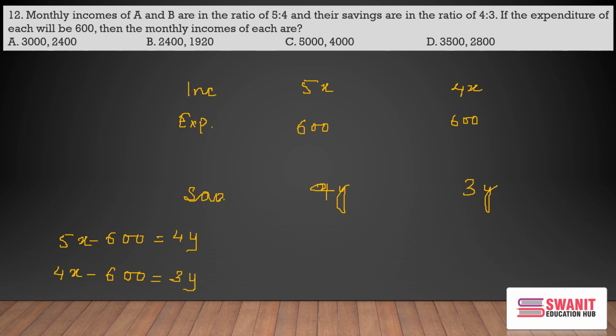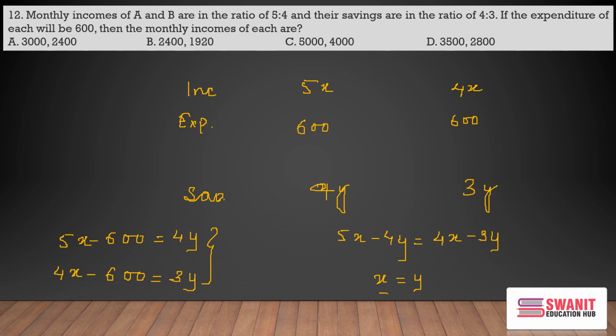Also, when I equate both these things, I will be getting 5x minus 4y, because that's equal to 600, is equal to 4x minus 3y. Upon solving this, I will be getting x is equal to y.